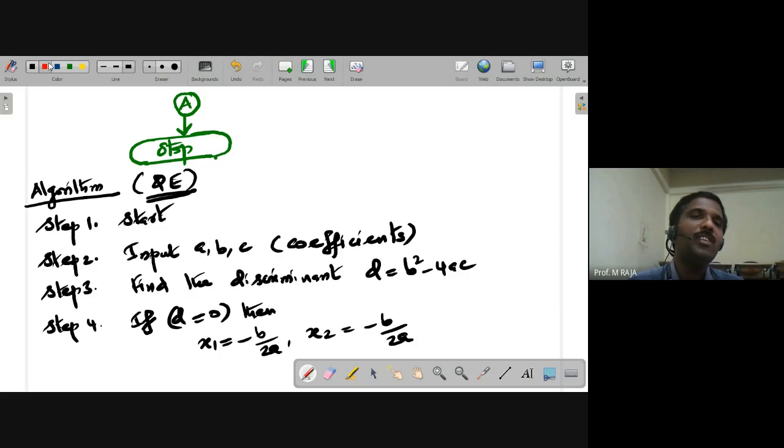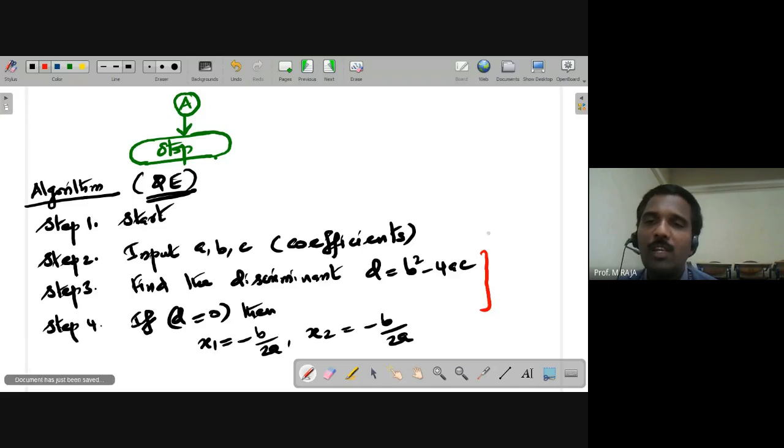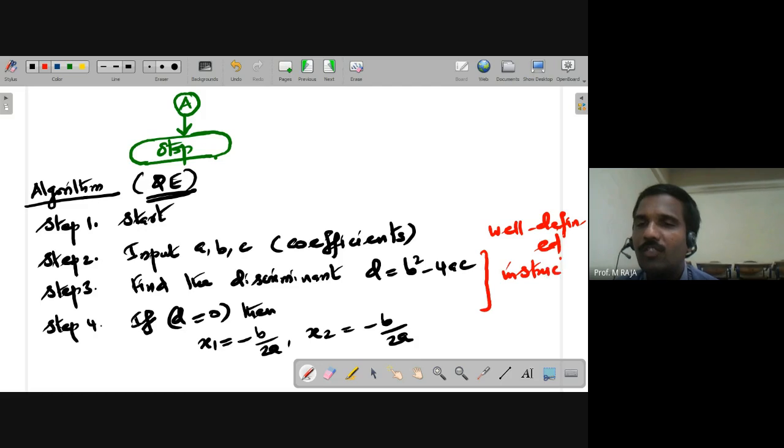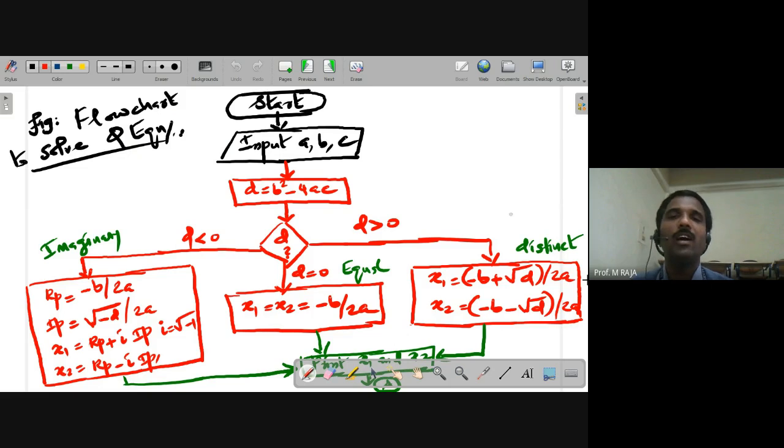Clearly written, as we discussed in the first session, these are unambiguous or simply well-defined instructions. That means we need to instruct the compiler what actually needs to be executed.